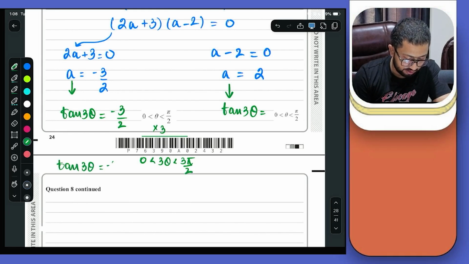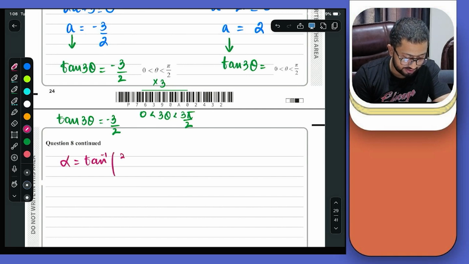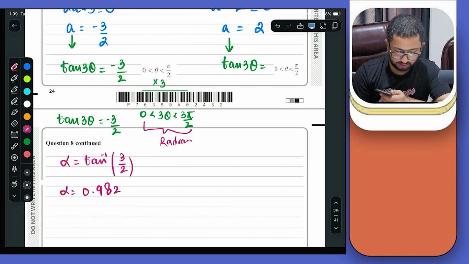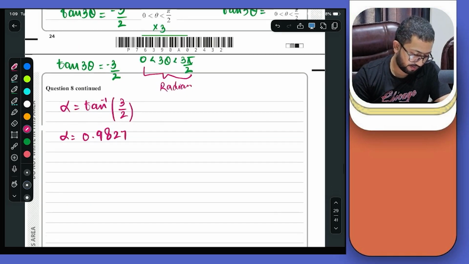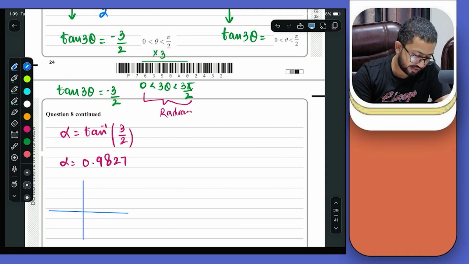Tan 3 theta equal to minus 3 by 2. So now let's find the basic angle, the acute angle, and ignore the negative sign. Everyone knows your calculator must be in radian form, and find the value of tan inverse 3 by 2 in radian form. Be careful. 0.9827. So is tan positive or negative? Tan is negative as you can see.